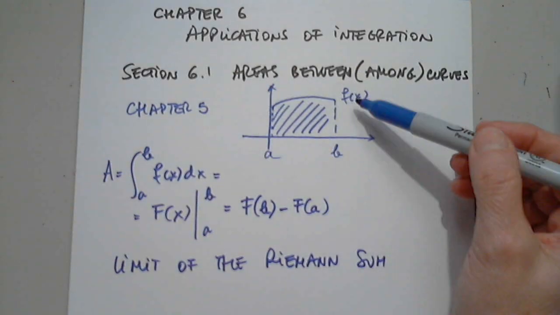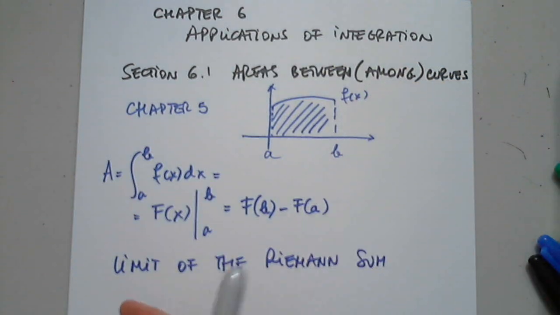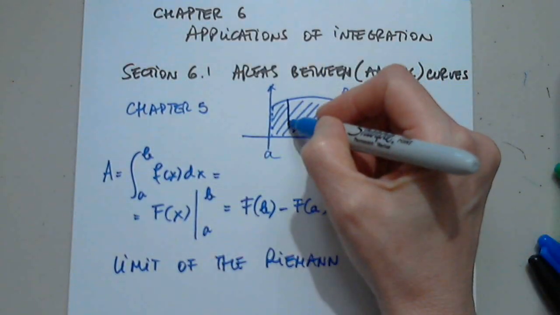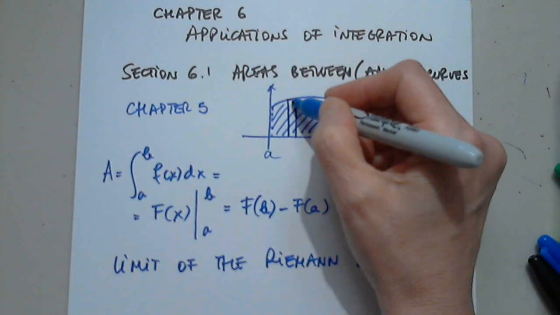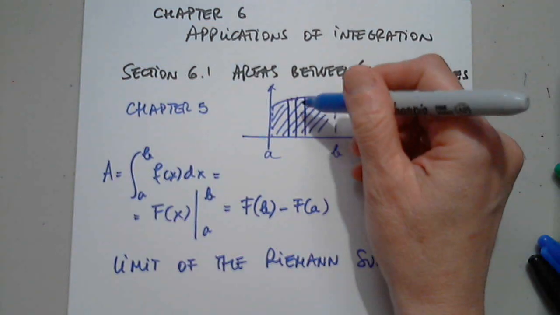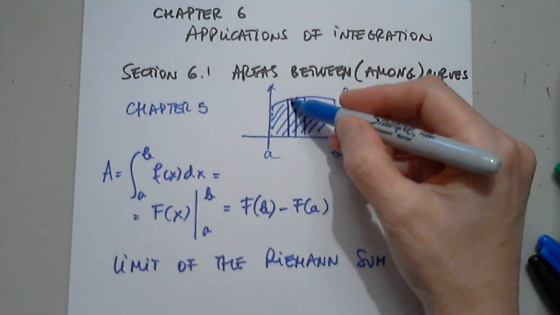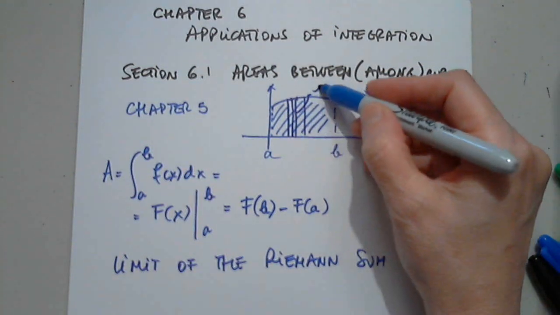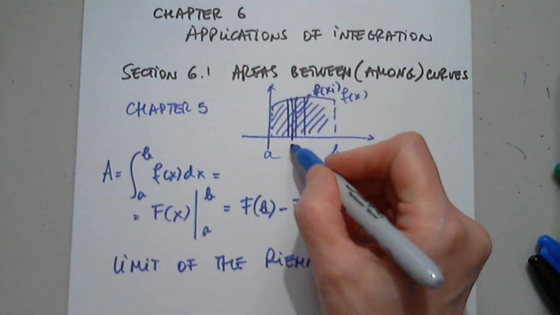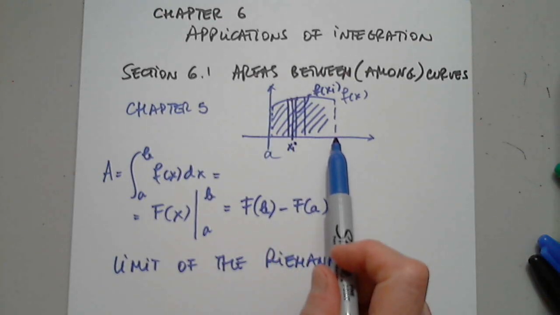So basically, what we see here is first approximated before we look at the limit of the Riemann sum, with rectangles, depending on whether we're using the midpoint, leftmost point, or rightmost point, it doesn't matter. So the height of any rectangle will be f of xi at that particular position, and xi goes from a to b.